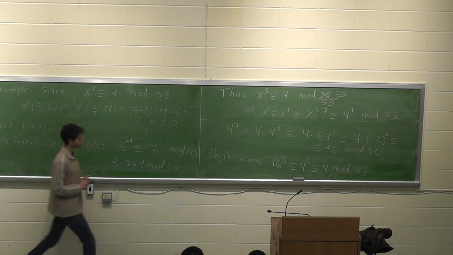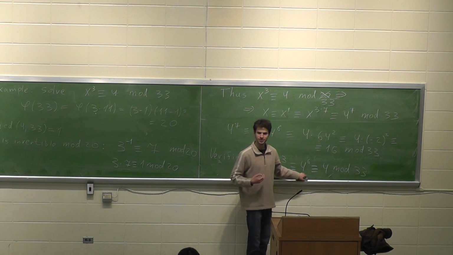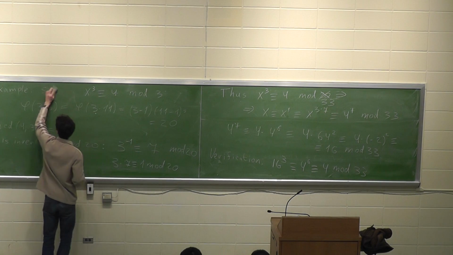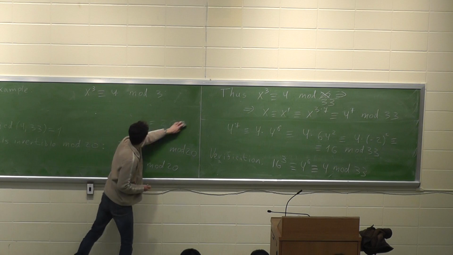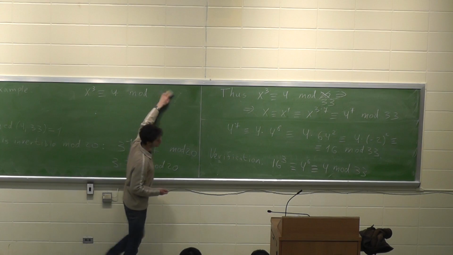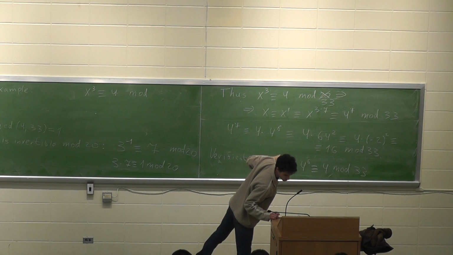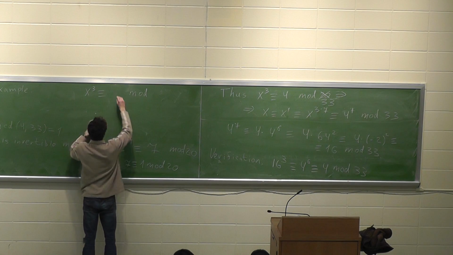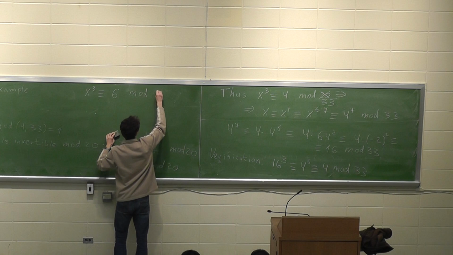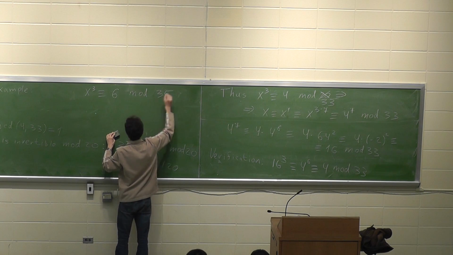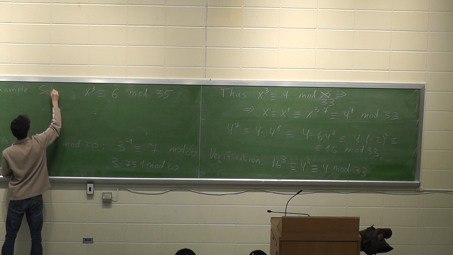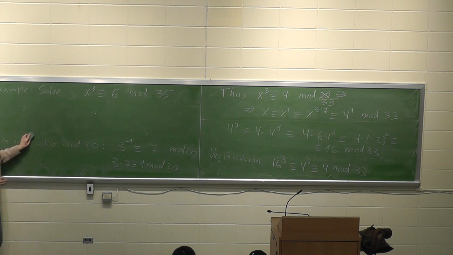Okay, so let's try examples where this doesn't quite work. So such an example: x cubed is congruent to 6 modulo 35. Once again, the question is find all possible x.